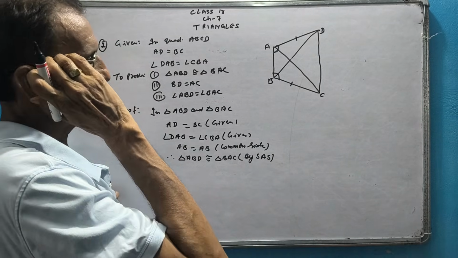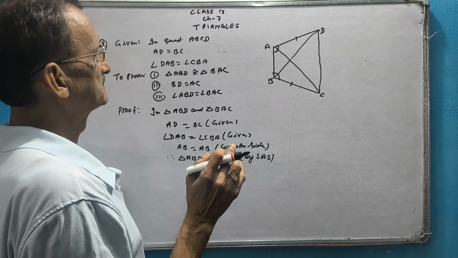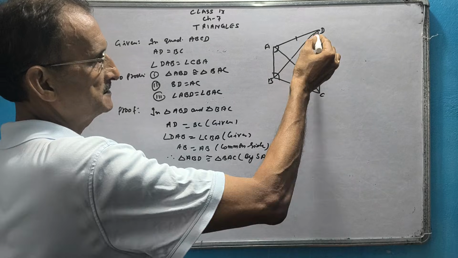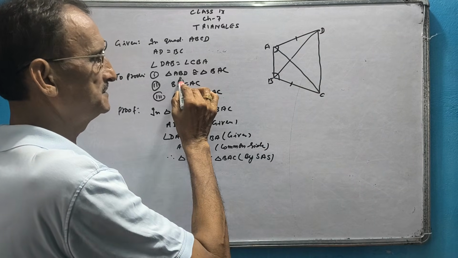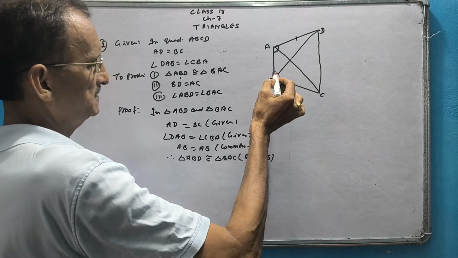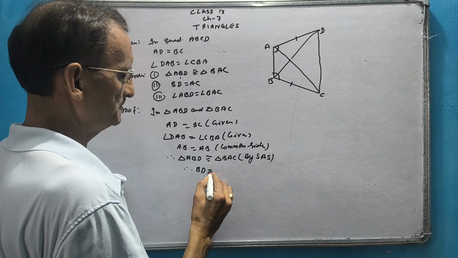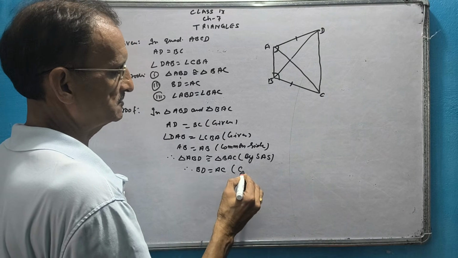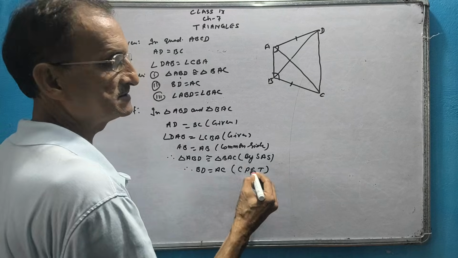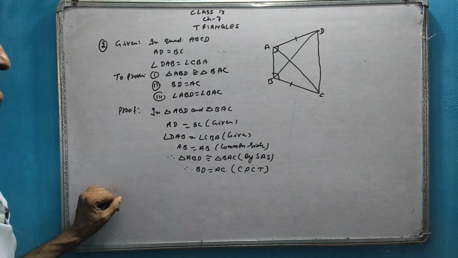Now if two triangles are congruent, their corresponding parts will be equal. Okay. So BD is the side of triangle ABD and the side corresponding to BD is AC. So therefore BD will be equal to AC. This is called corresponding parts of congruent triangles. Not only the sides, angles are also equal.